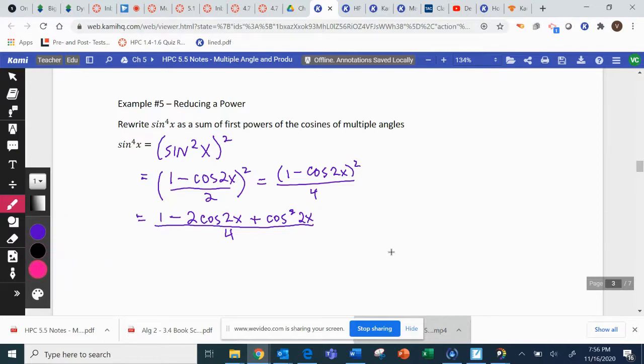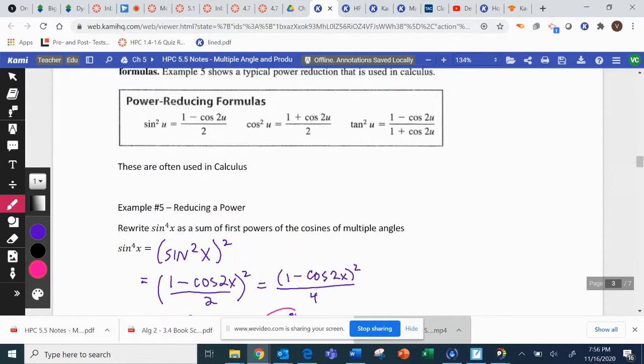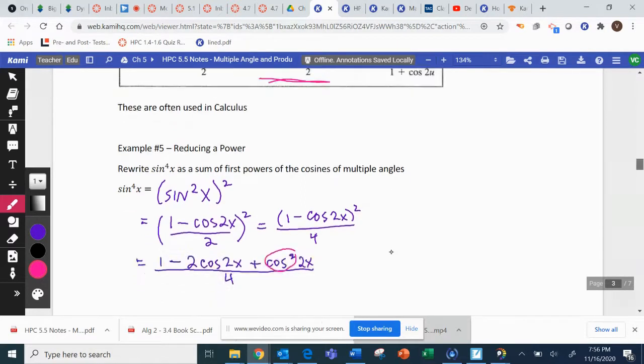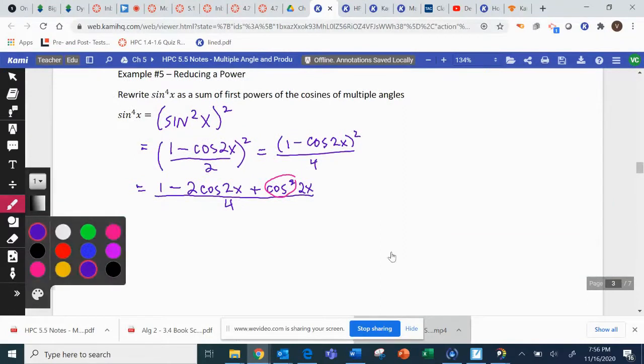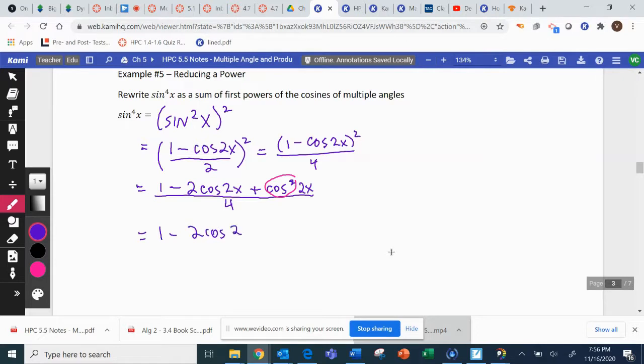Okay, so now I have another cosine squared in here, so I'm going to use this formula to get rid of the cosine squared. Now 1 minus 2 cosine 2x plus, I've got to be a little tricky here because we have this 2x, that would be like the u, and then up above it has a 2u, the cosine 2u.